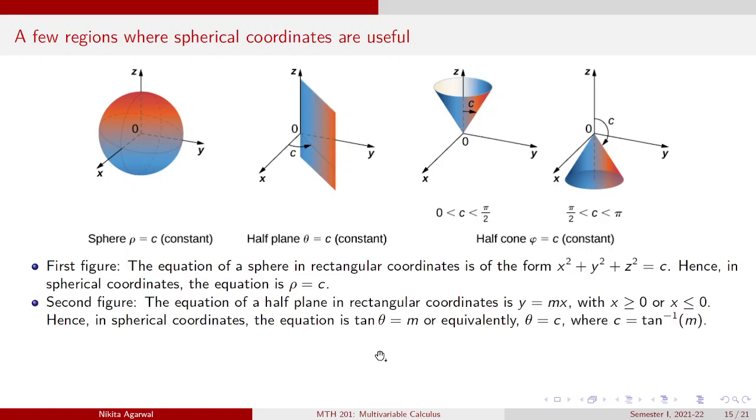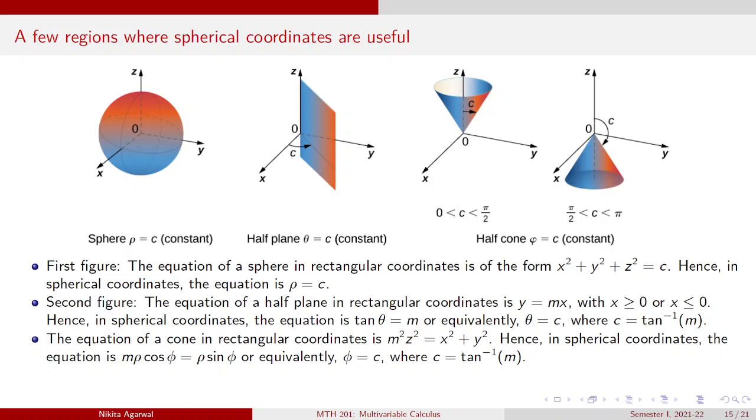The equation of a half plane in rectangular coordinates is y equal to mx, where x is either positive or negative depending upon where you are. In spherical coordinates, y is r sine theta and x is r cos theta, so tan theta becomes m, or theta is a constant, where the constant is tan inverse m. So that is the equation of a half plane.